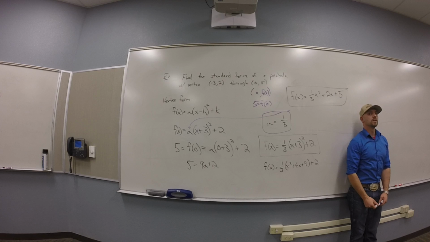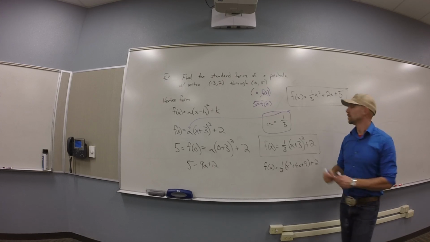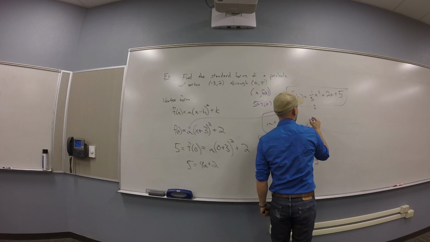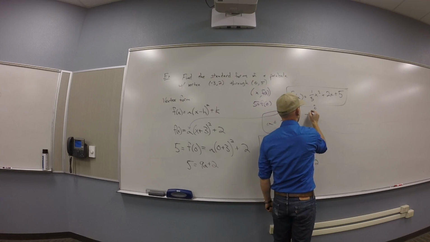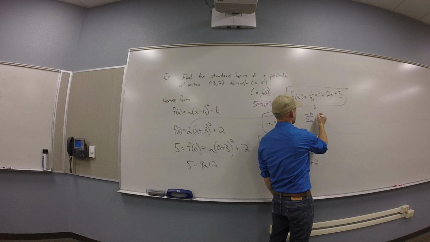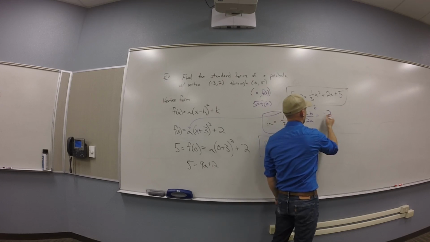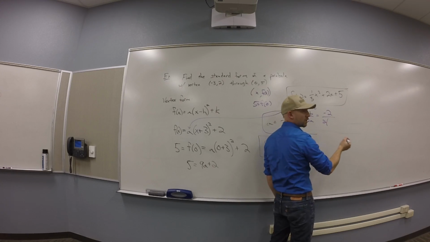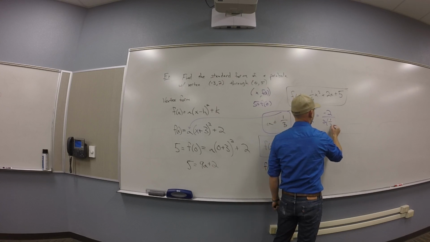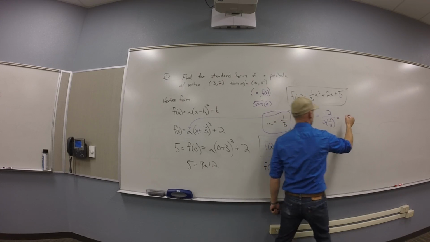Negative b over 2a. Yeah, it's negative b over 2a, right? So I could look at this and think, okay, the vertex is negative b over 2a, which for this guy is going to be negative 2 over 2 times 1 over 3. Uh-oh, fractiony land.